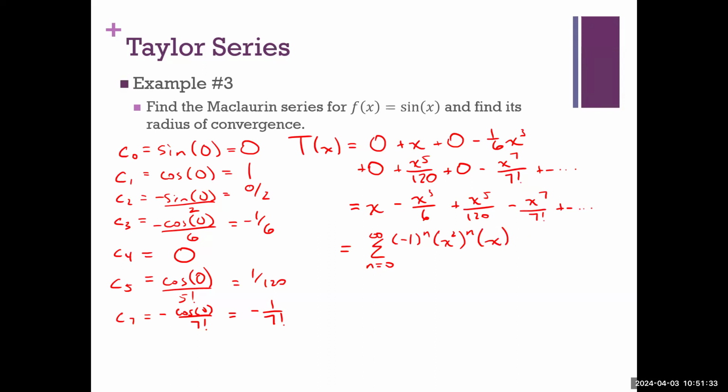Now, when n equals 0, what's my first power of x going to be? X. And when n equals 1, what's the power of x going to be? 3. And then 5. And I think that works, right?